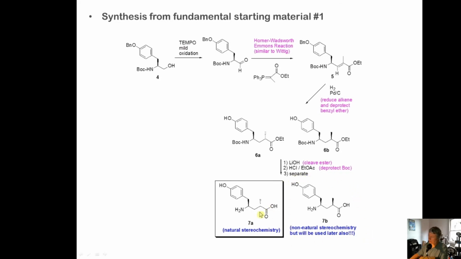One with a completely natural stereochemistry, and one with a wrong stereocenter at this C terminus of the molecule. And what's crazy is it's still active. It's still just as active as the other one. So that shows that this stereocenter doesn't really matter in terms of tubulysin, the natural product, and its biological activity. Okay?